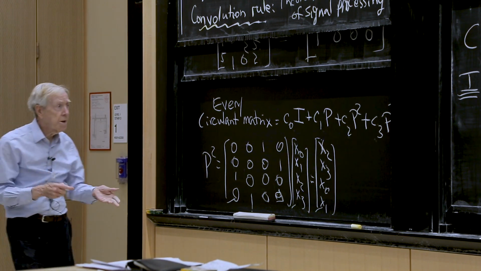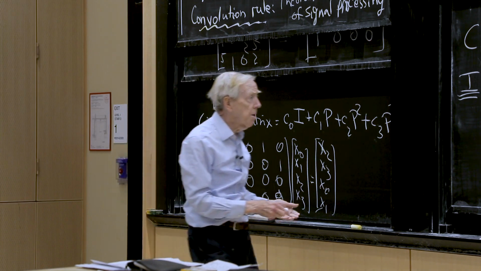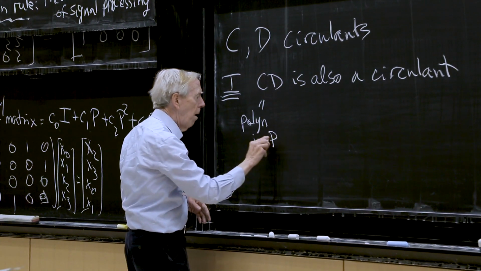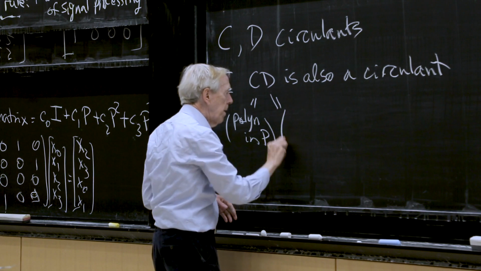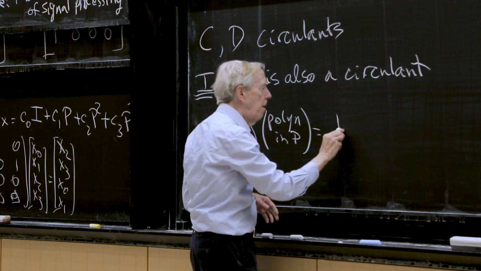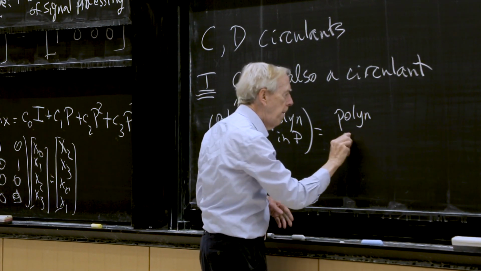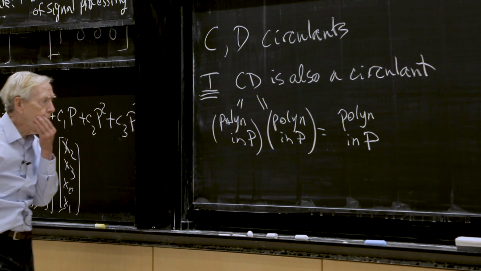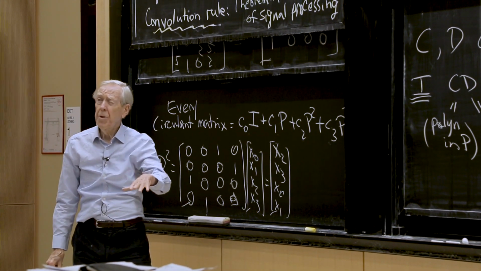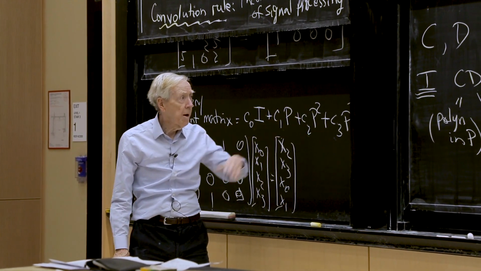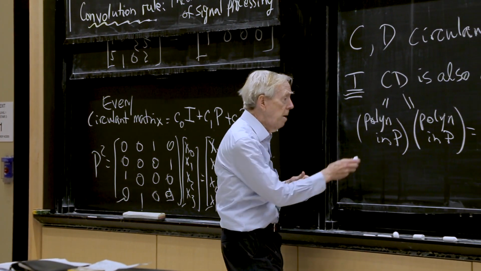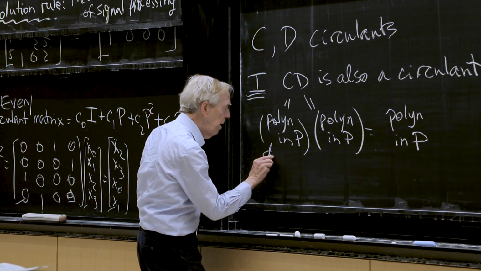So now I can see why CD is also a circulant, because this is a polynomial in P, and this is a polynomial in P, and when I multiply those together, I get a polynomial in P. But usually, if I multiply a third-degree polynomial by another third-degree polynomial, so say I'm looking at 4 by 4 circulant matrices, this would be a polynomial in P of degree 3.